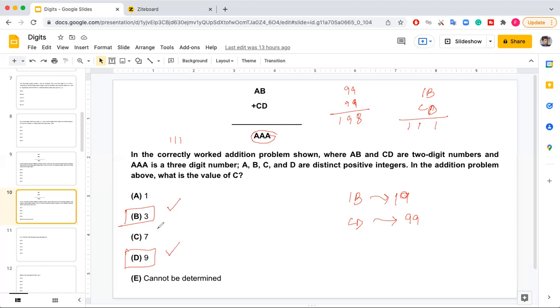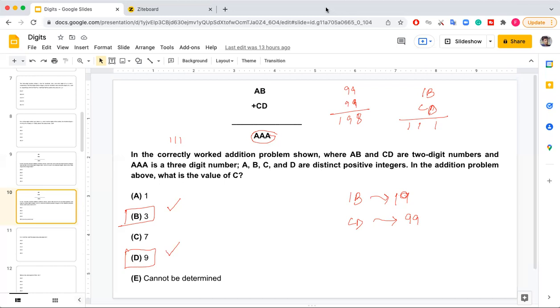That's how I got 3. And how did the other person get 9? No one is able to figure this out. So in that case, we have to equate B to 8, and then we can put 93 for CD.